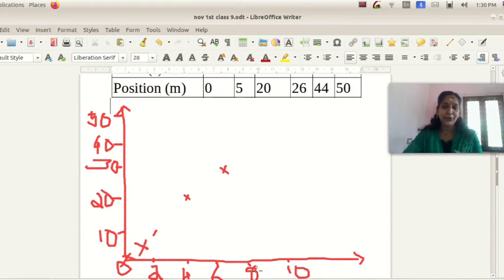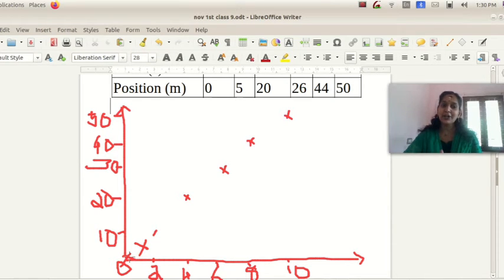In your graph, you should draw correctly. At the 8th second, it traveled 44 meter. At the 10th second, it traveled 50 meter.